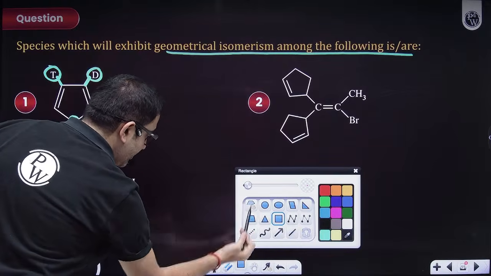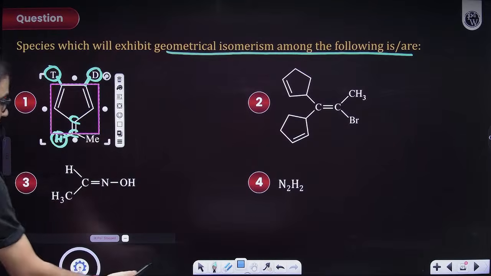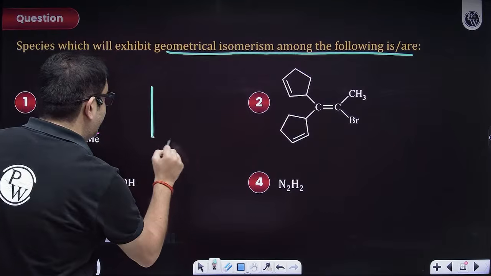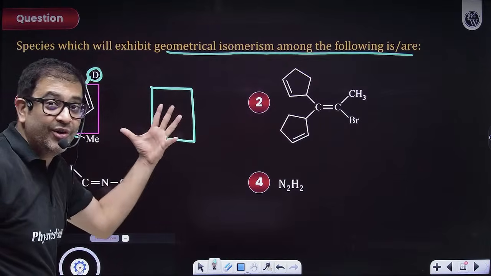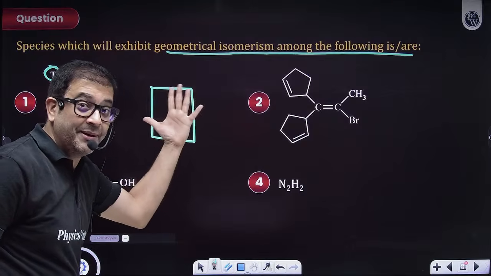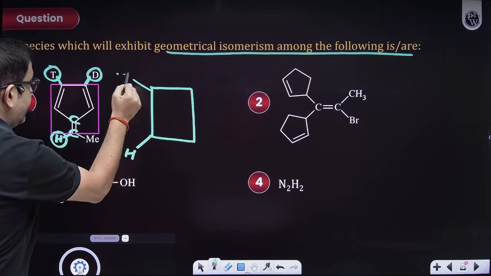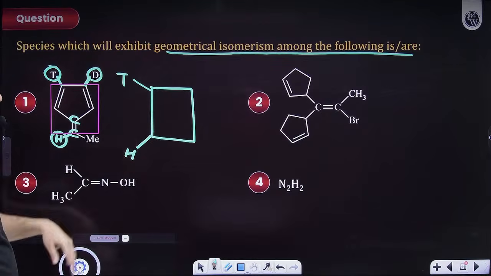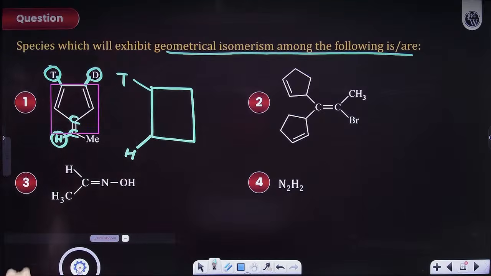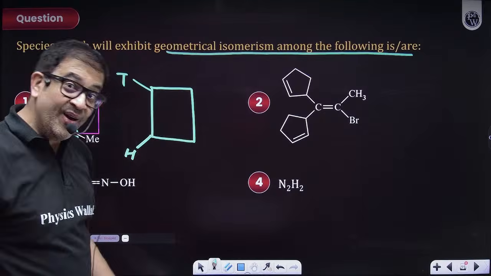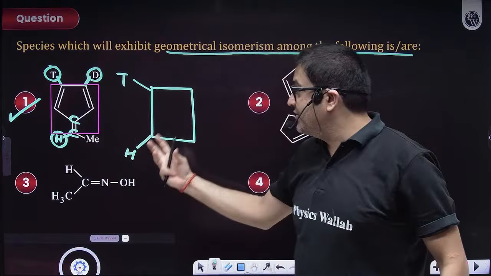The carbons are trigonal planar, but everybody is in a plane. So if H and T are on the same side, sir, H and T can be opposite also. So this can now definitely show geometrical isomerism, although having cycloalkene, because the complete system has turned into a plane.